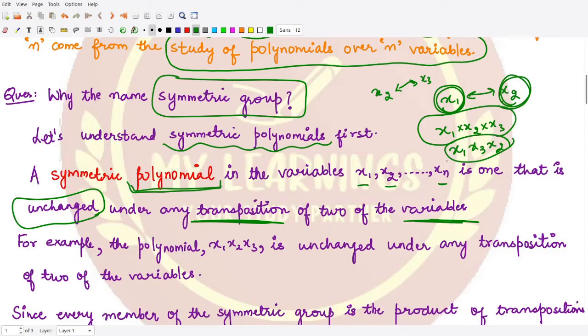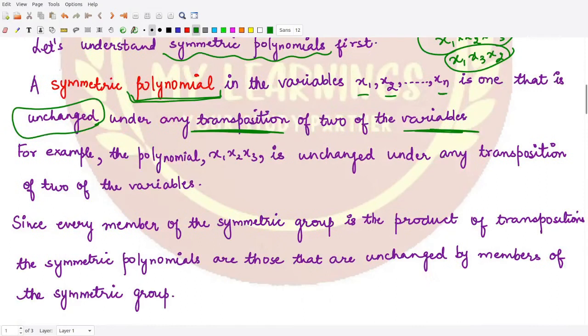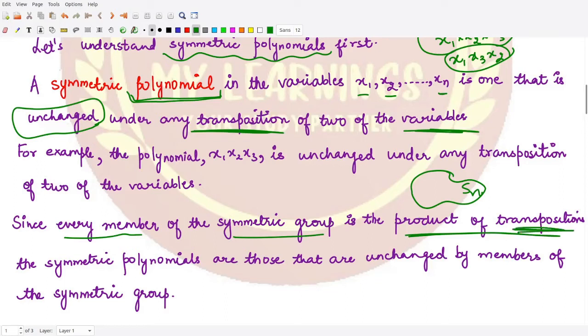Now how do we relate this concept of symmetric polynomial with that of symmetric group? Every member of the symmetric group Sn could be written as a product of transpositions. In fact, we have already studied the result that we can decompose any permutation into a product of two-cycles, and two-cycles are basically transpositions.